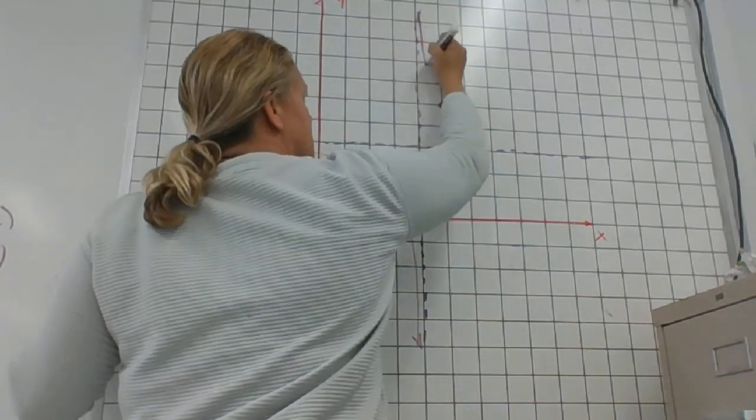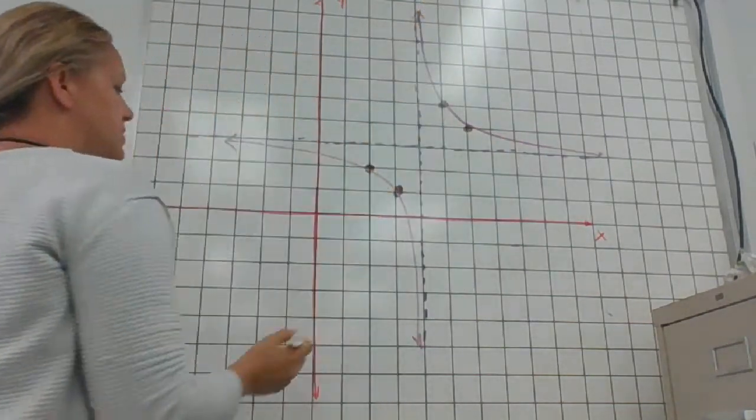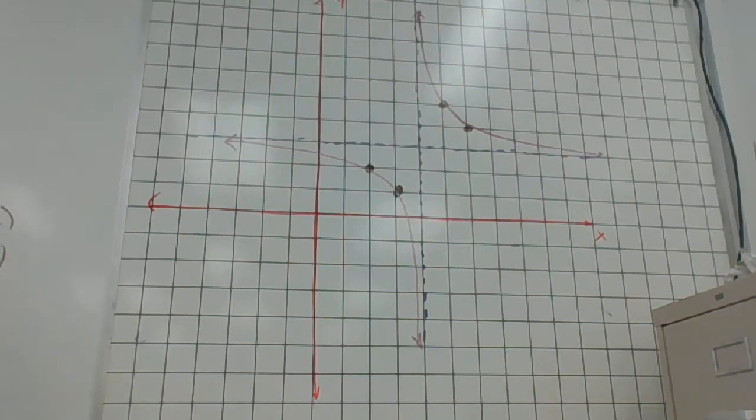Start close to a dashed line, move through the points, and end near a dashed line. Because if we were to continue our table to include much more points, it would just lead us closer and closer to these dashed lines. And that's how you graph a reciprocal function.